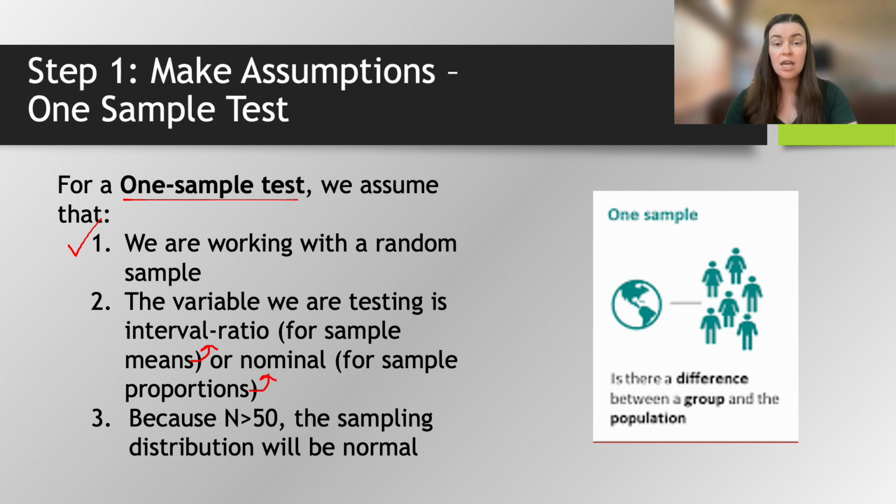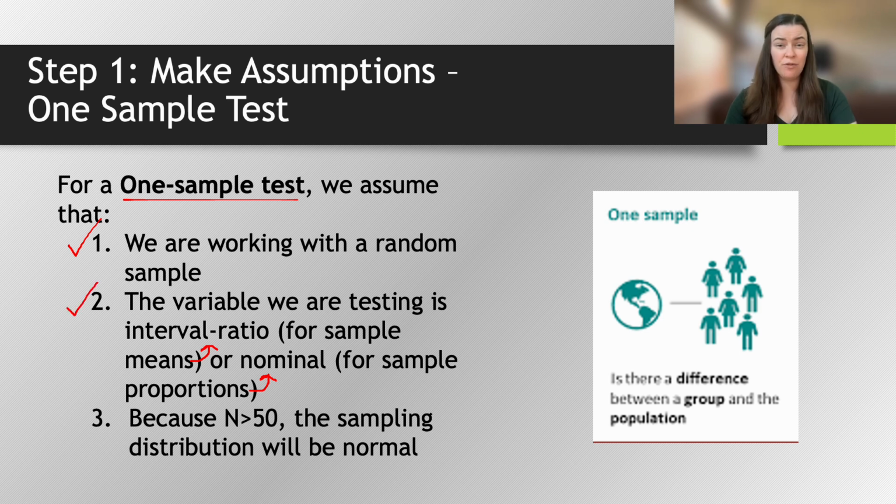And so again, this is going to depend on the context of the problem where we determine are we using means, averages, or proportions. And once we do that, we need to ensure that for means, it's an interval ratio level variable. And for sample proportions, we need to ensure that it is measured at the nominal level. So we need to check off that one as well.